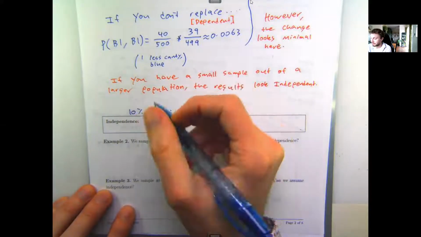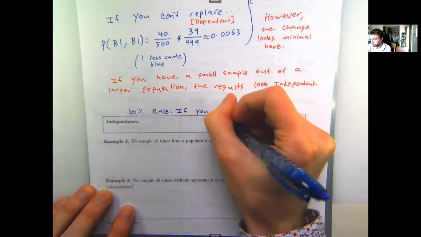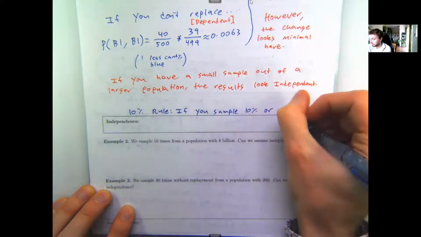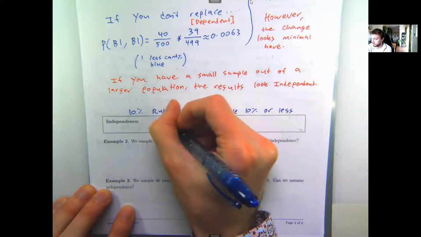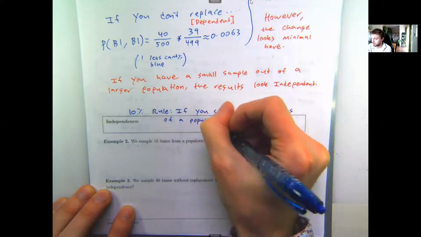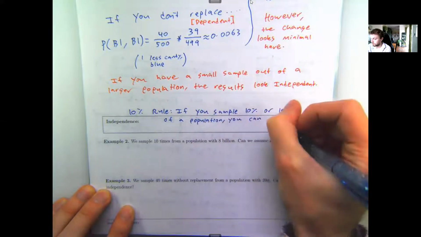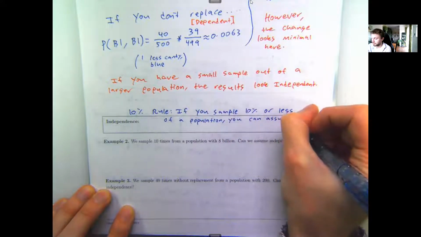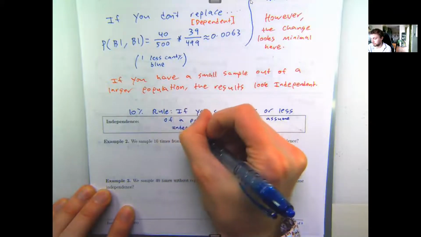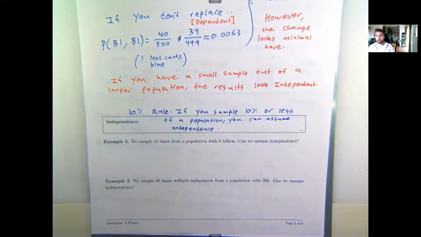And this states, if you sample 10% or less of a population, you can assume independence.